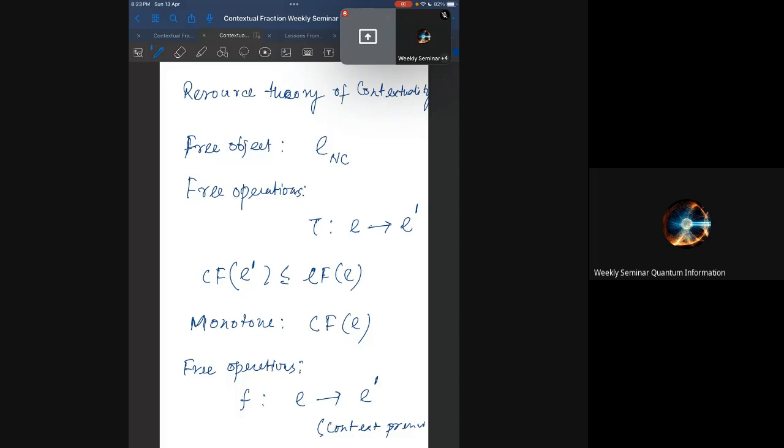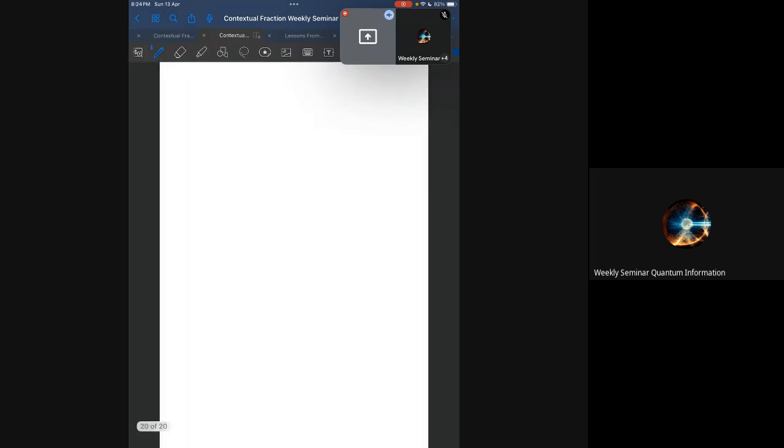That means the definition of context should not change between the two empirical models. This is a free operation in the resource theory of contextuality. The second free operation is the coarse graining of outcomes. I am not going into the details of those things.